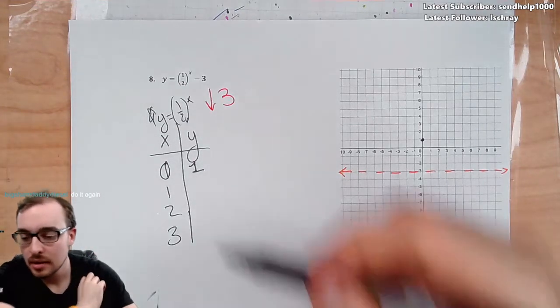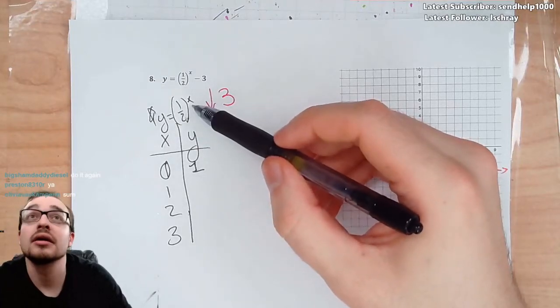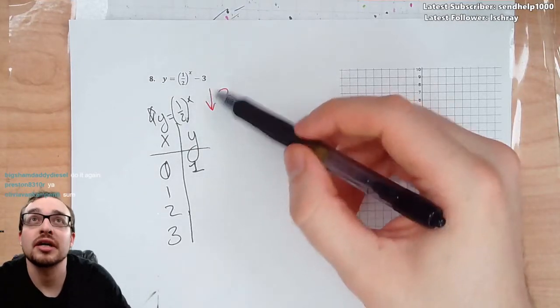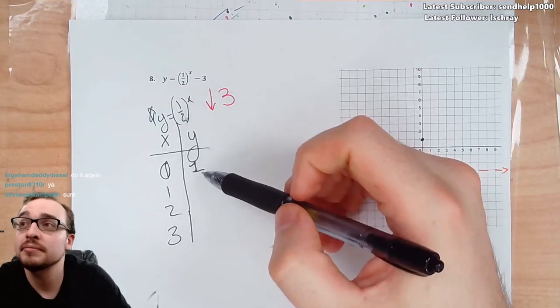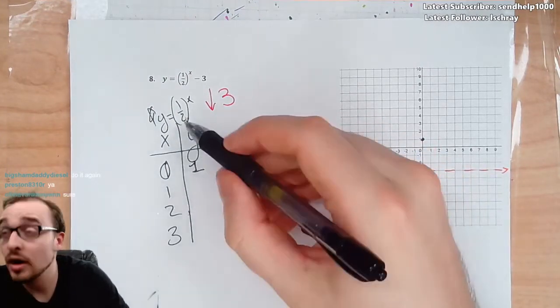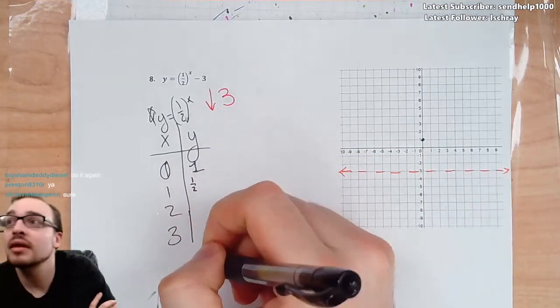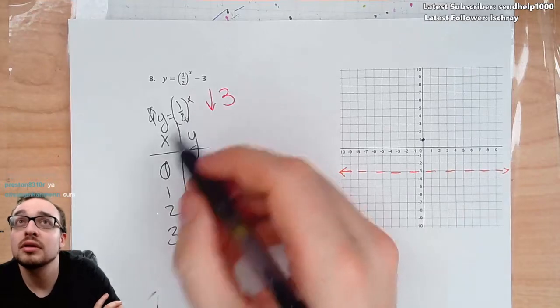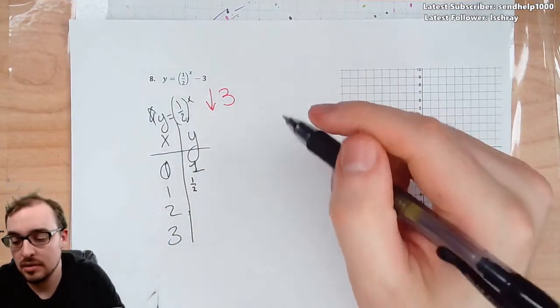Okay. So here's my basic function. Y equals a half to the x, right? I'm not worried about the minus 3. I'll take care of that later. If I plug in 0, a half to the 0th is 1. If I plug in 1, a half to the first is a half. If I plug in 2, a half times itself.